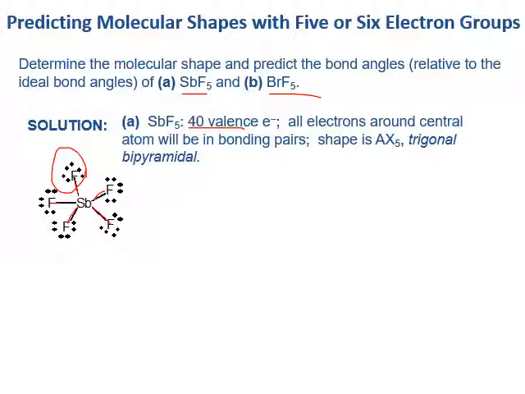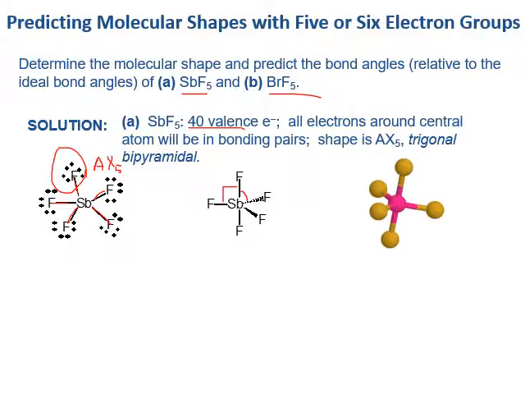So it is exactly enough, no electrons left over. So we call this AX5. AX5 we predict is trigonal bipyramidal. That is how the shape is, with angles of 90 and 120.